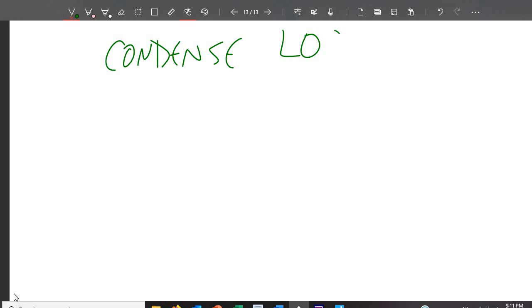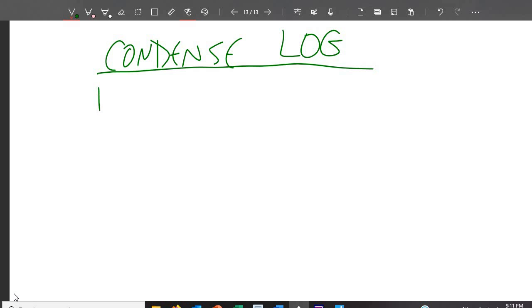Now, let's do what we call condensing logarithms. Condensing logs is doing everything I just did in reverse. It's taking multiple logarithms and creating one log at the very, very end.